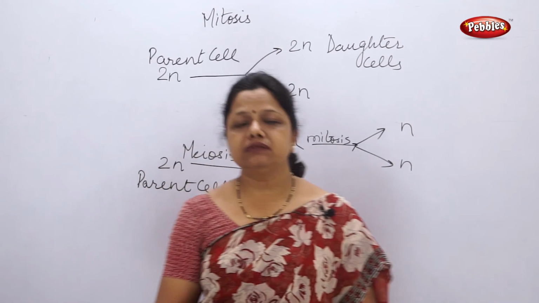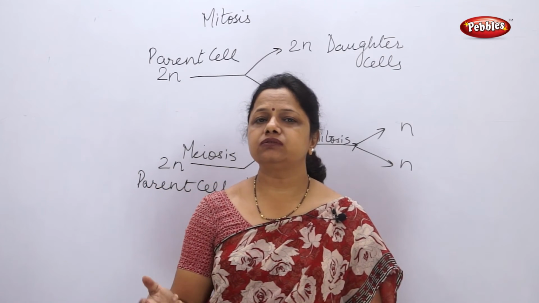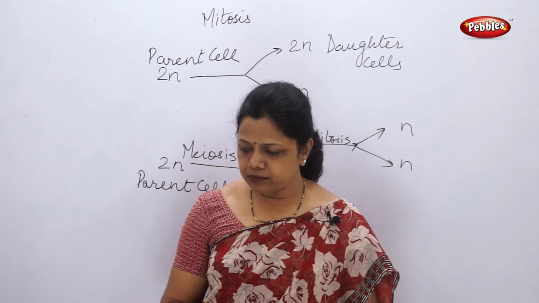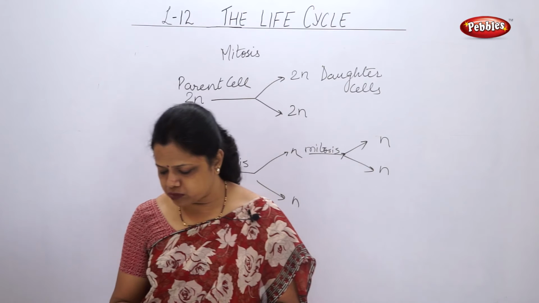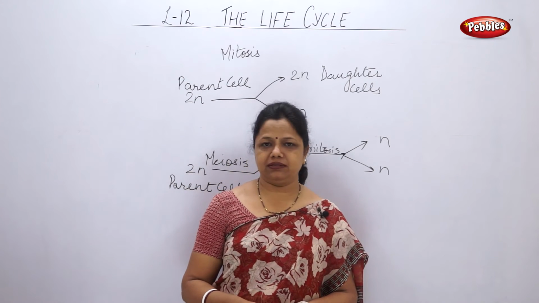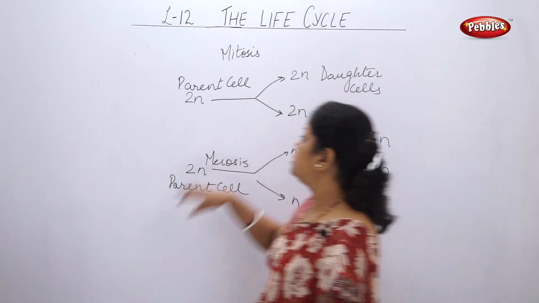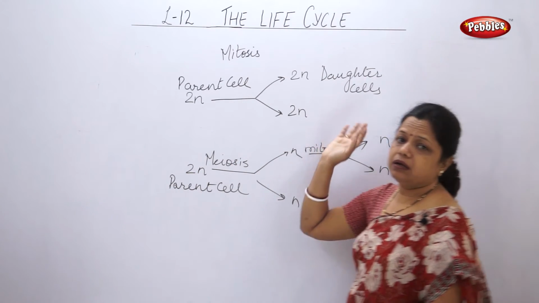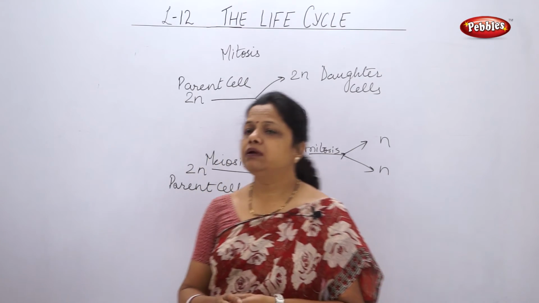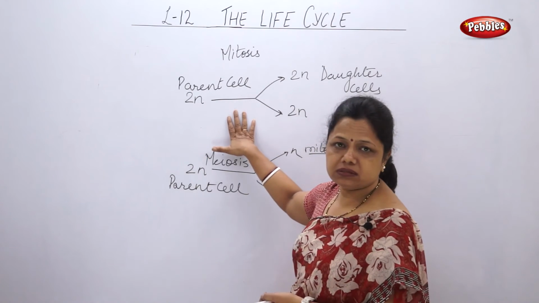Give scientific reasons. Now I am giving you some questions for which you have to give the scientific reasons. The first one: the daughter cells produced by asexual reproduction are genetically identical to the parent cell. The daughter cells formed due to asexual reproduction are produced by mitosis.